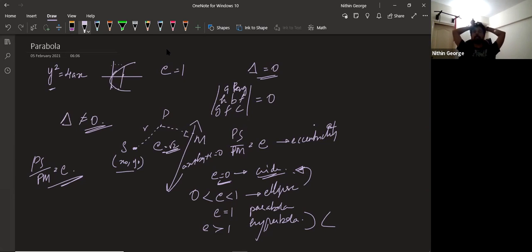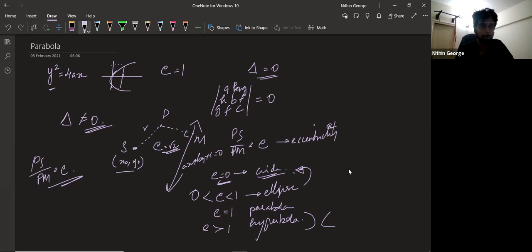In your CBSE syllabus, what you have are conics with center at 0, 0, and the axis parallel to the coordinate axis. That is what is there in your CBSE textbook. But this is for any kind of conic, oriented anyway, placed anywhere.